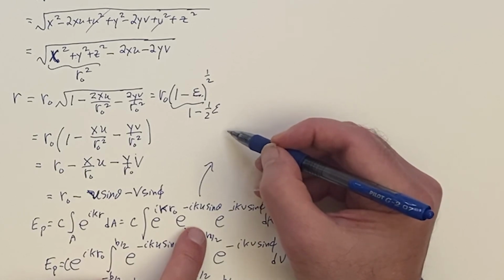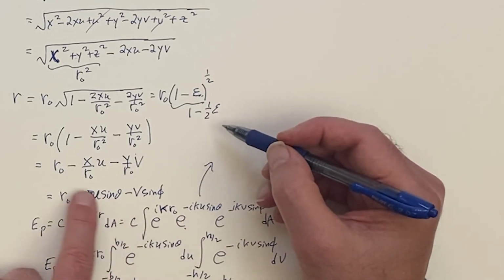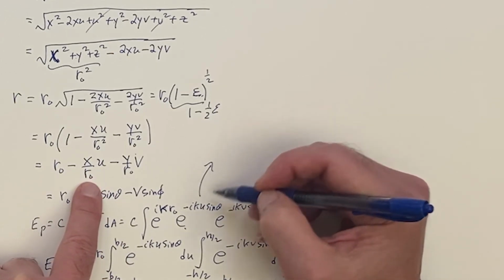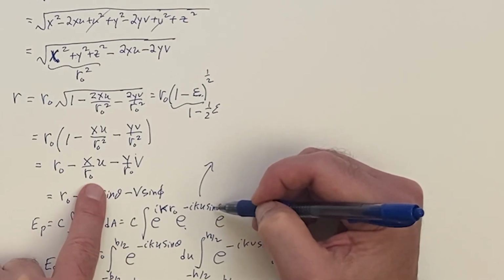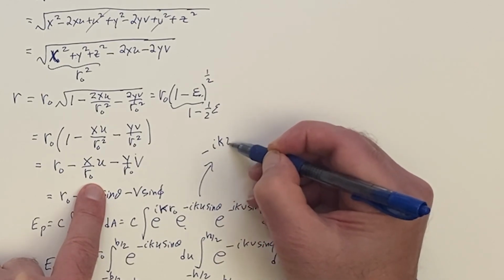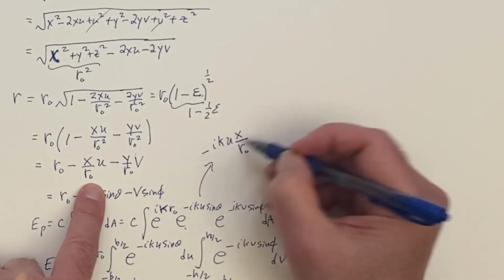If you look at what this is doing, this is basically, and I'm going to put back here the u sine of theta. For the sine of theta, I'm going to leave the u, but put the x over r naught back in there.